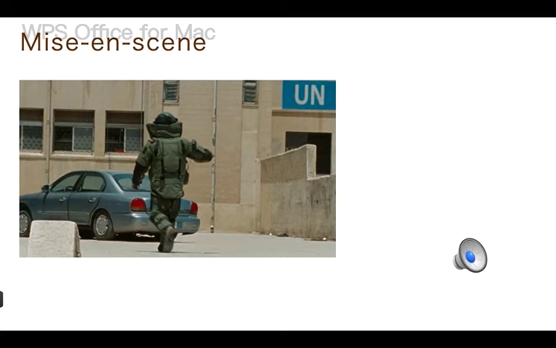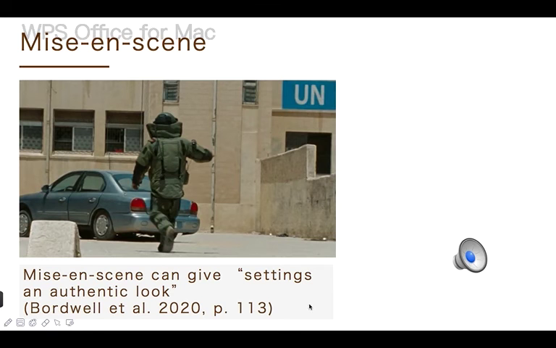The director has skillfully used the mise-en-scène to deliver her intended information. According to Bordwell et al., mise-en-scène can, I quote, give settings an authentic look, end of quote. In this film extract, the mise-en-scène strongly enhanced the authenticity of the story. For example, the color of the whole film was dust yellow, as if the film was shot with a filter.